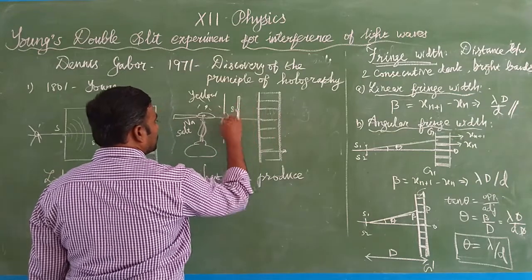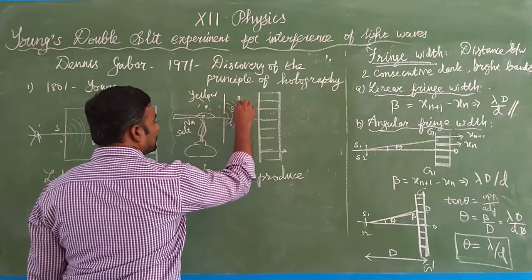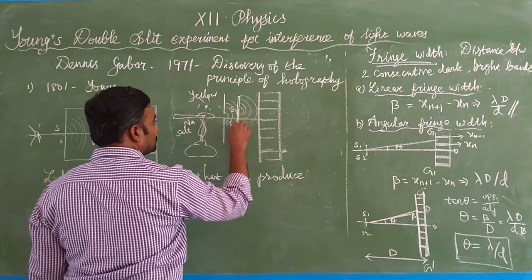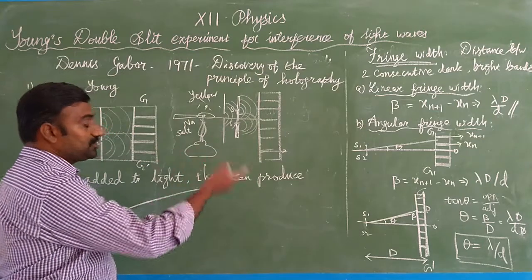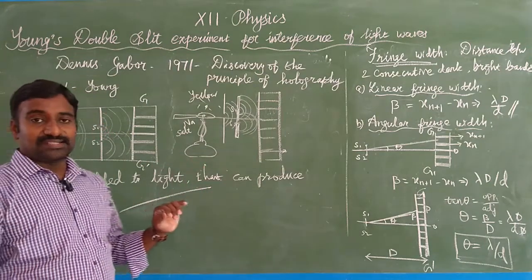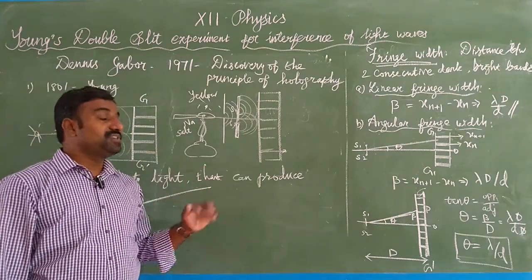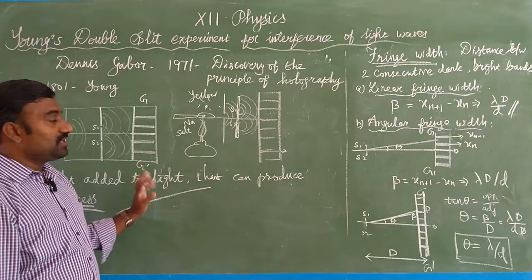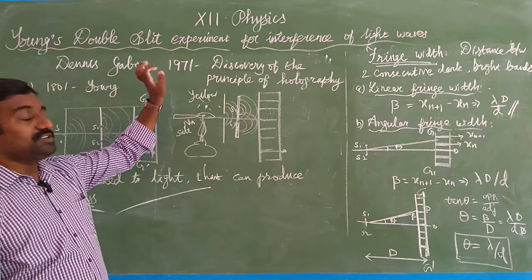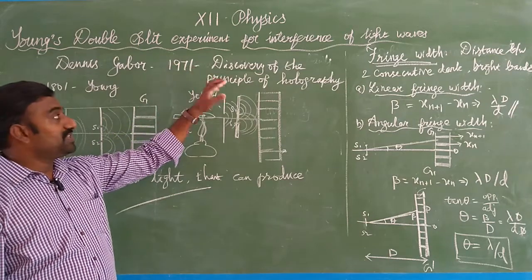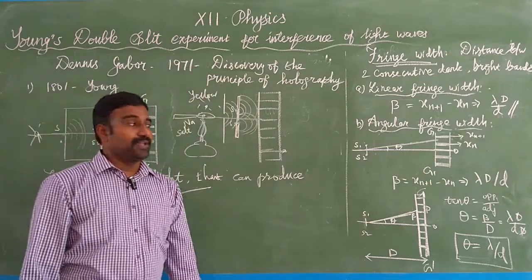So what we get is, maximum light added to the light that can produce the darkness. So this is a clear proof of the wave theory of light. Okay. Dennis Gabor, in the year 1971, won the Nobel Prize for the discovery of the principle of holography. Okay.